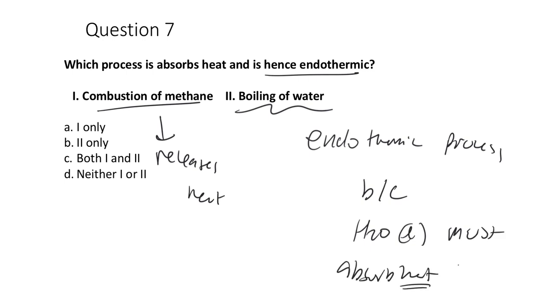So it has to absorb heat to boil. We have to absorb heat in order for any substance to go from its liquid to gaseous state. So only the second is a process that absorbs heat of those 2 choices.